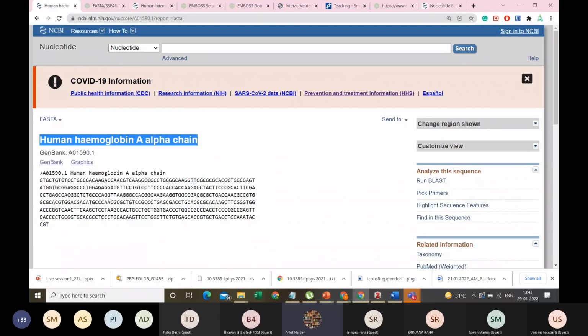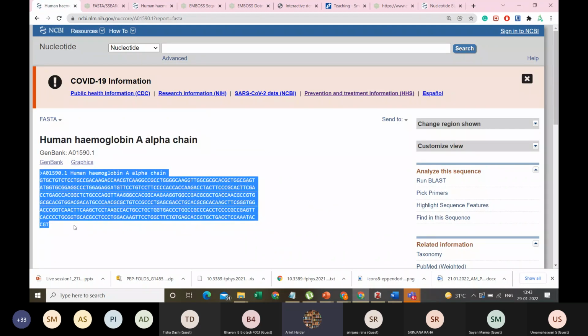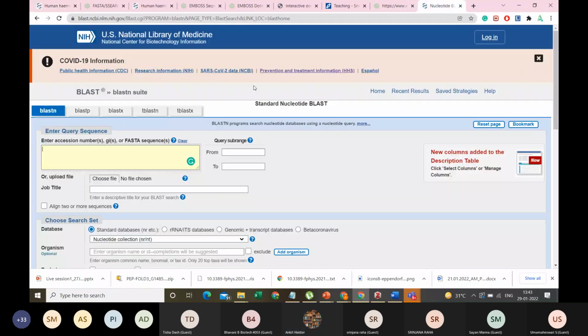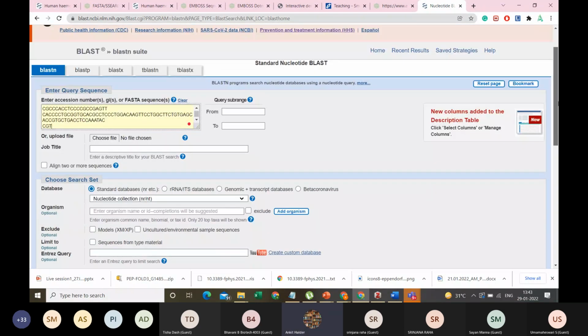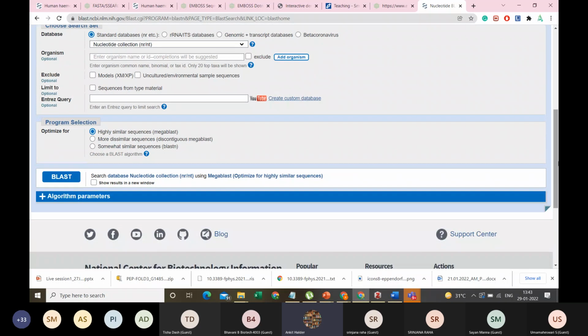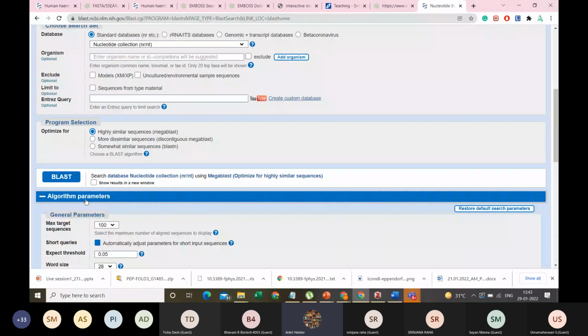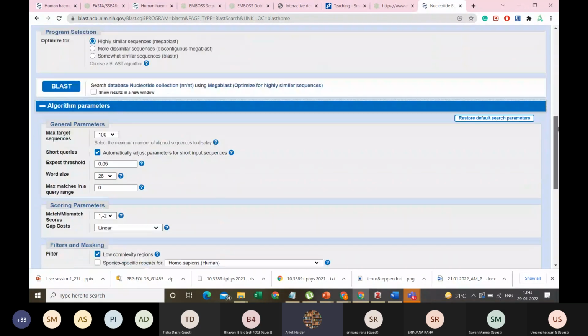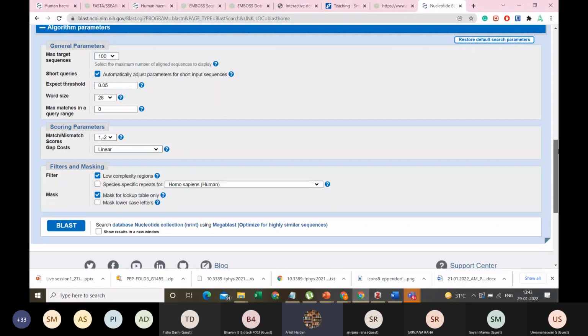So let us put this FASTA sequence there. Okay, so it is a nucleotide. In the algorithm parameters, you can see here, we can change the match mismatch score, gap cost.